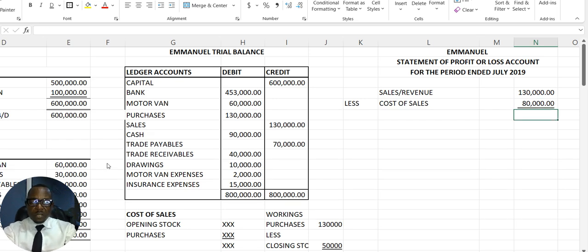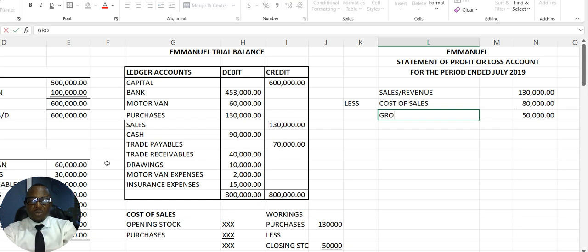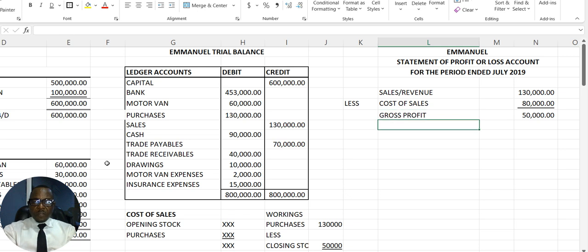You should underline this. It will now be what? 50,000. All right. If you less your cost of sales from the sales, it gives you what is referred to as what? Gross profit.